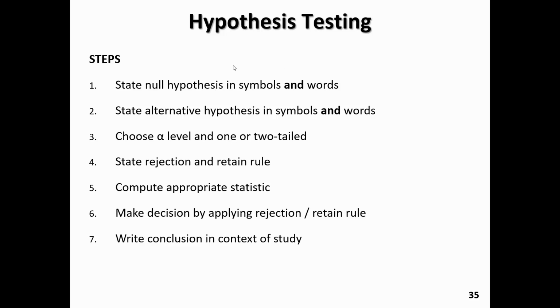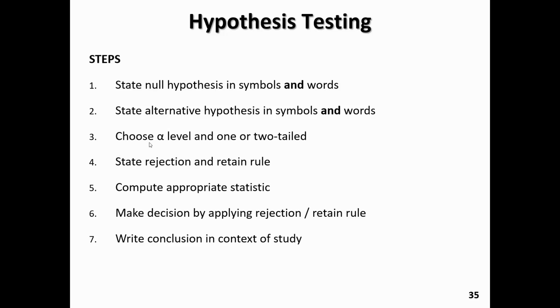To summarize the steps that we'll be using for the rest of the statistical tests: we first state the null hypothesis in symbols. Sometimes we use words, but typically we use the symbols of uppercase H and the subscript 0. We then follow that with the alternative hypothesis, and unless stated otherwise, we typically go with the not equal sign, non-directional.